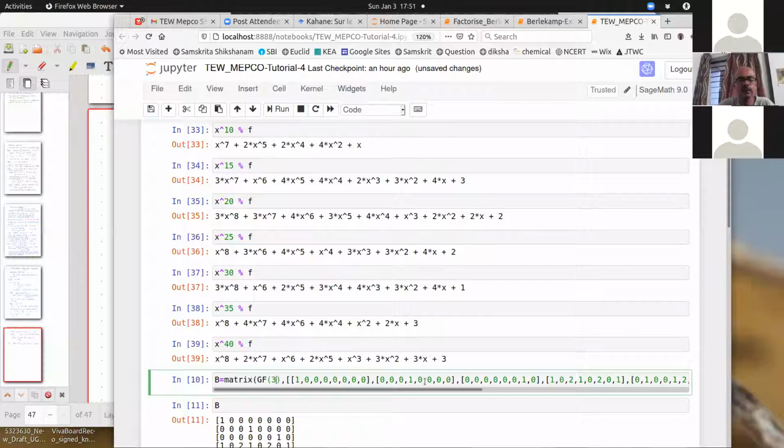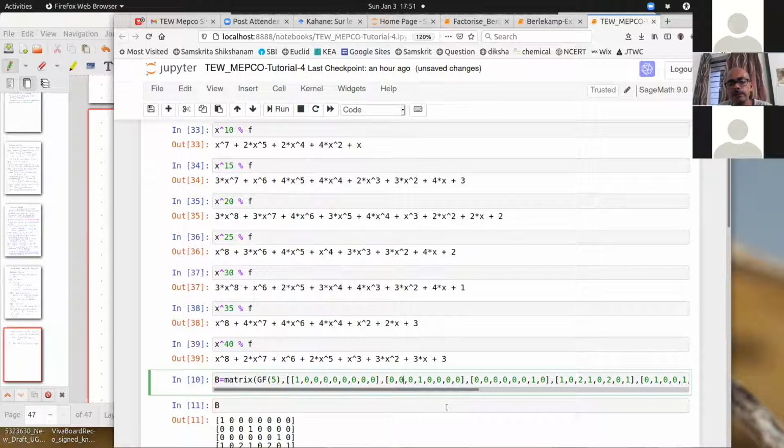Now we are on GF5. The first vector remains the same but increases in length. We are now looking at a 9 cross 9 matrix, 9 being the degree of f. The second entry is x to the 5, so that is only at the fifth power.